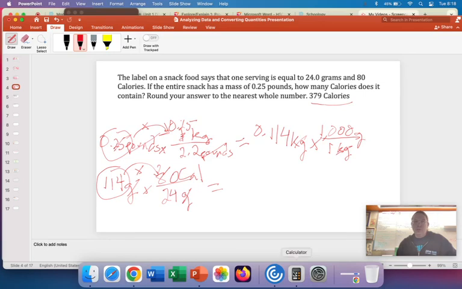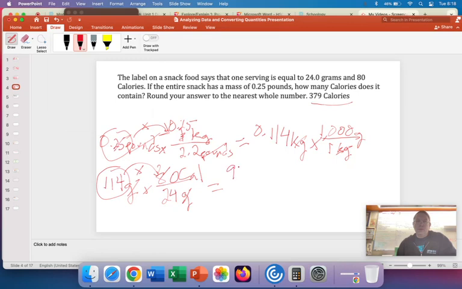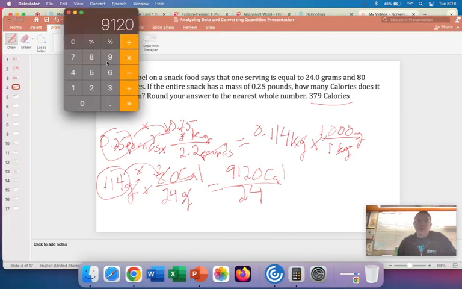So let's go back to the calculator here. 114 times 80 equals 9120, divided by 24, and we should get our answer: 380.